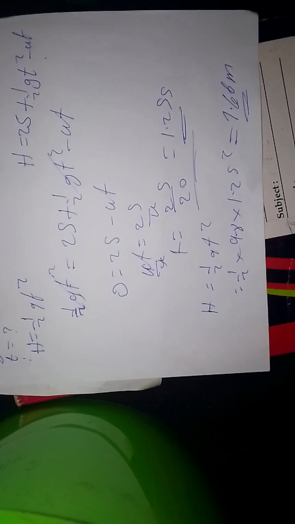7.66 meters. Then we want to find where they will meet. This height is for the first ball, which travels 7.66 meters from the top. So let us subtract from 25: 25 minus 7.66 gives me 17.34 meters above the ground.